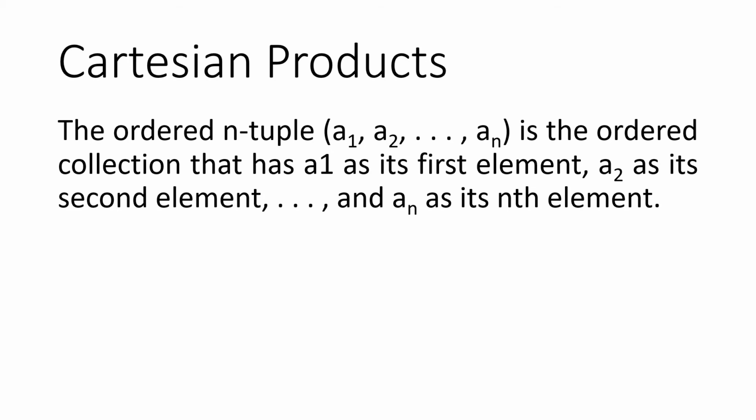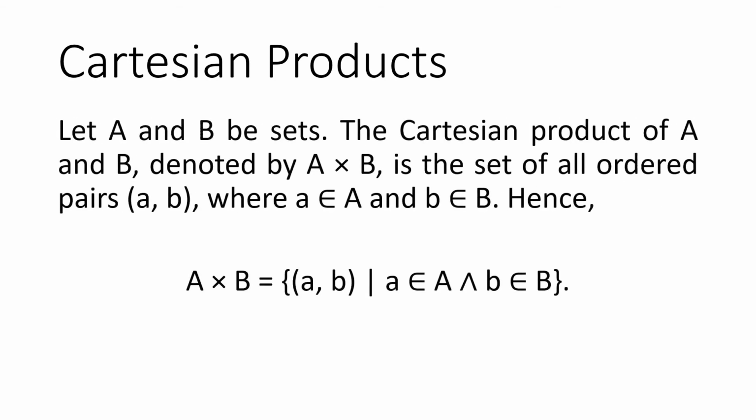Let A and B be sets. The Cartesian product of A and B, denoted by A by B, is the set of all ordered pairs (a, b), where a is an element of set A and b is an element of set B. Hence, A by B is equal to the set of ordered pairs (a, b) such that a is an element of A and b is an element of B.